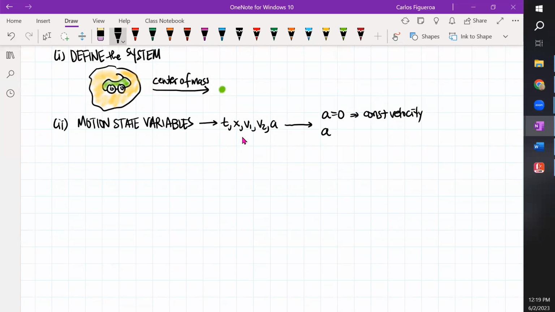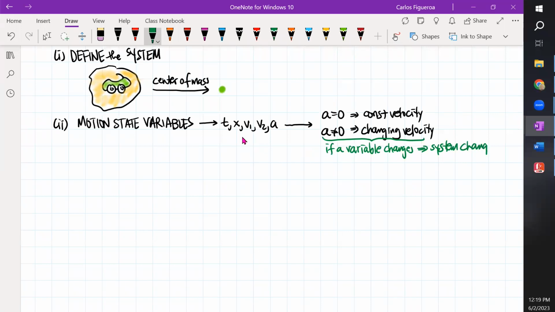If I have acceleration that's not 0, then I have a situation of changing velocity, which of course means acceleration. So by looking at this, if a variable changes, then that means that the system changes. That's how we define our state variables of motion.